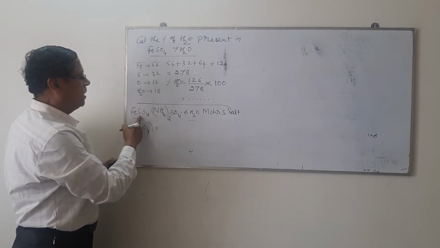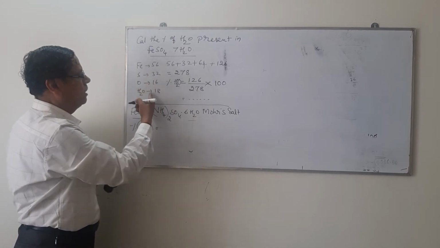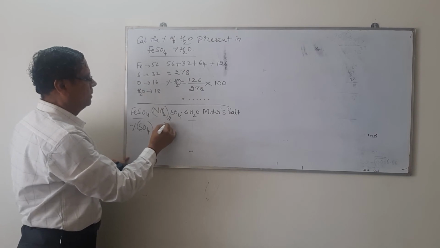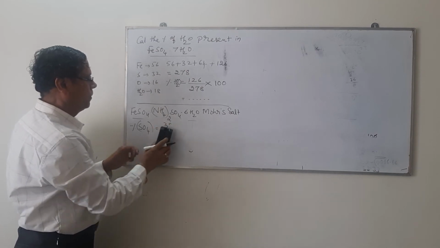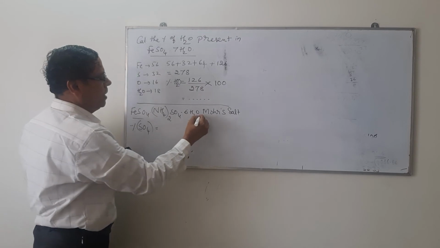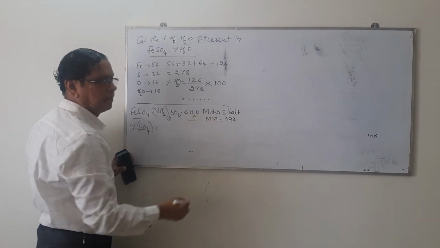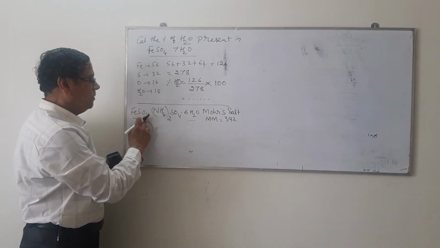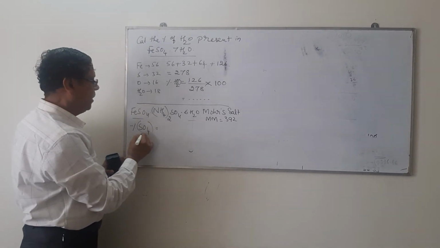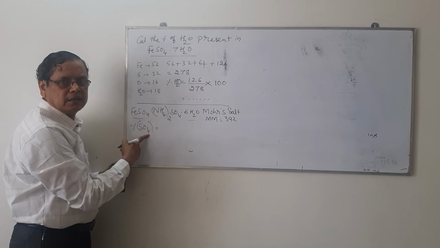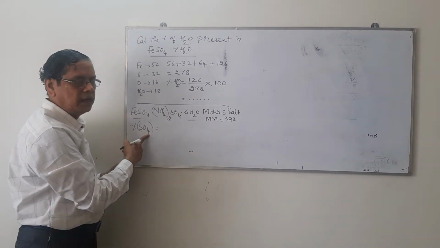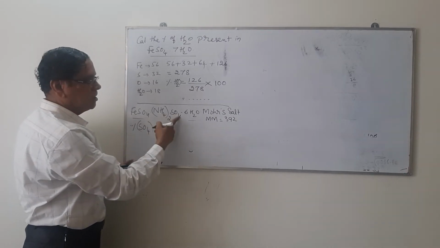The molecular mass of this ferrous ammonium sulfate, using these atomic masses, we can calculate as 392. So the molecular mass is equal to 392. Mass of each sulfate group: 32 plus 16 into 4 is 64, so 96. There are two such groups.